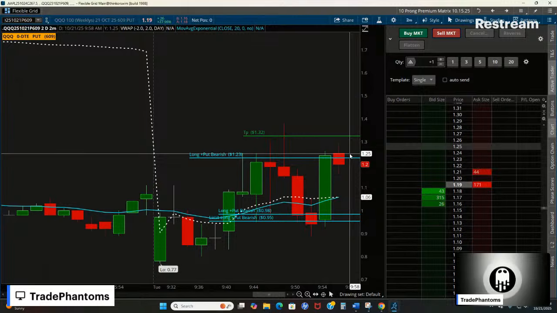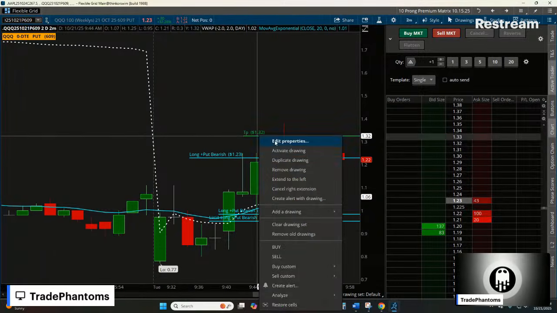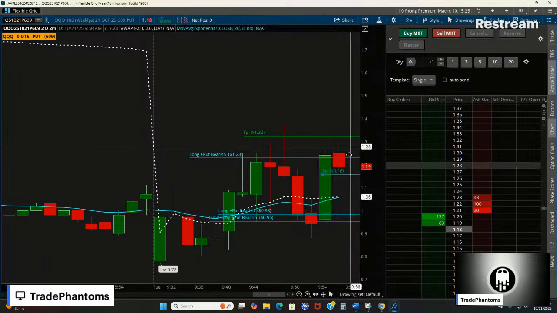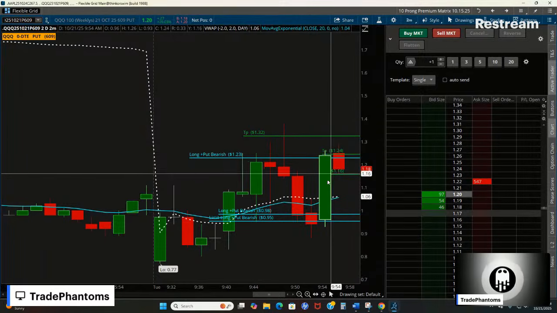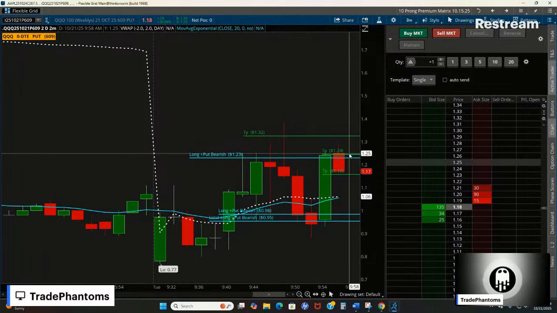TP some more Qs. So we have an equal to low. All right, so make sure you're doing some TPing here. And even on the slow add that we did down here, options went from like $1, 95 cents with the limit there, up to $1.24.